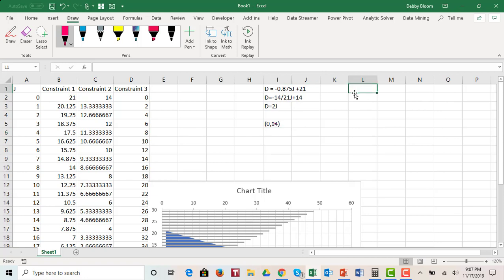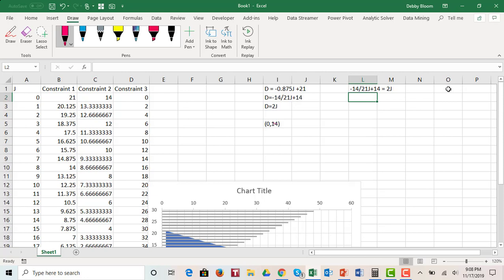I'm just typing in the formulas here like you'd write them on a piece of paper. So at this point I'm just using Excel as a typewriter, not a calculator. So I'm going to take negative 14 divided by 21j plus 14, and I'm going to set that equal to 2j.